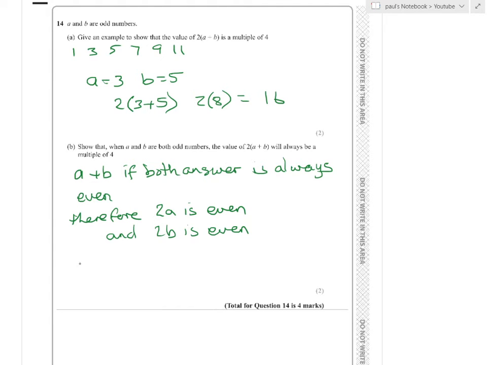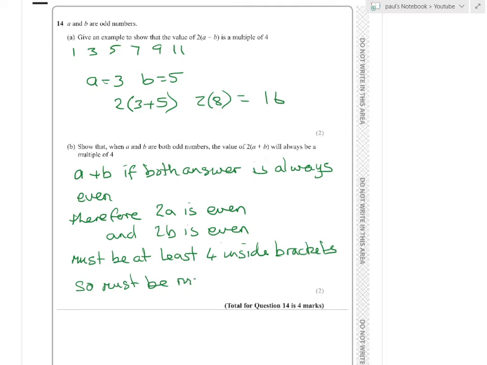And it must be at least 4 inside brackets. So it must be a multiple of 4.